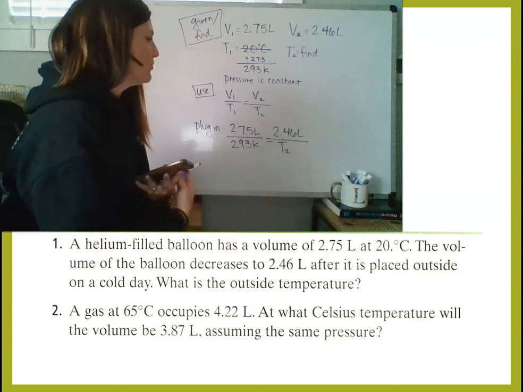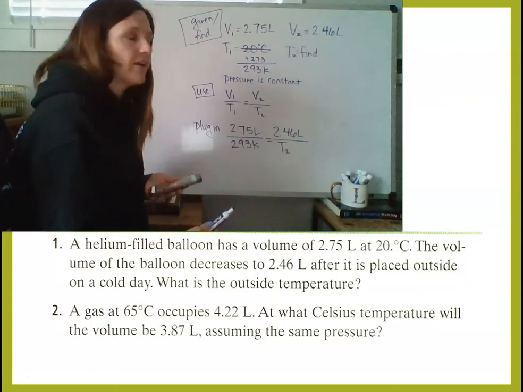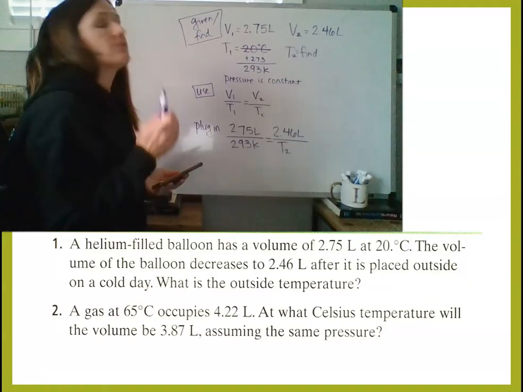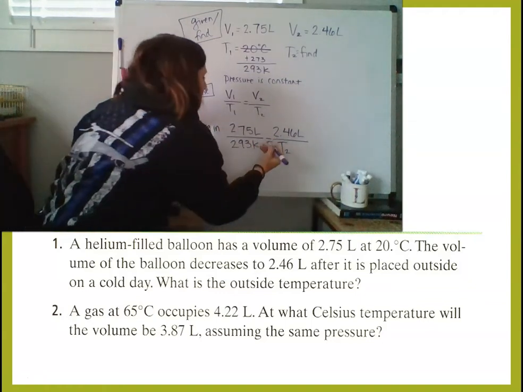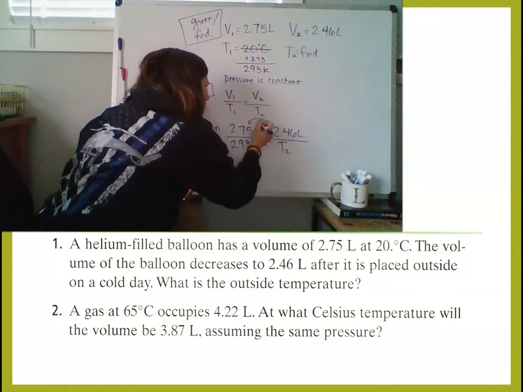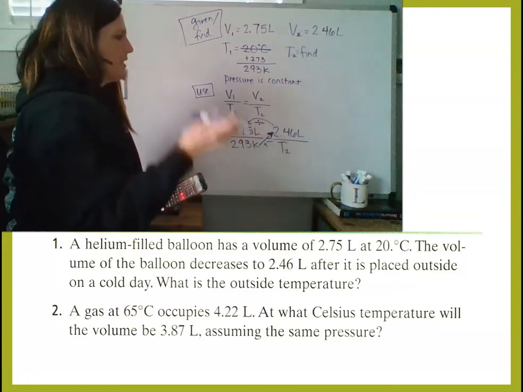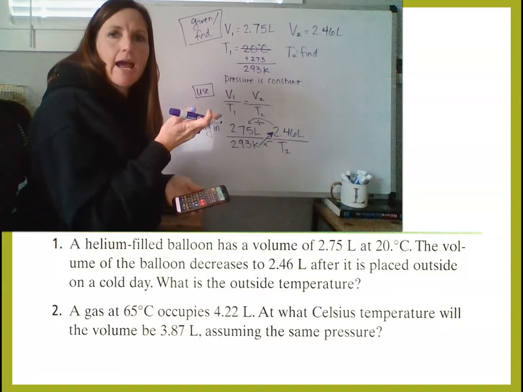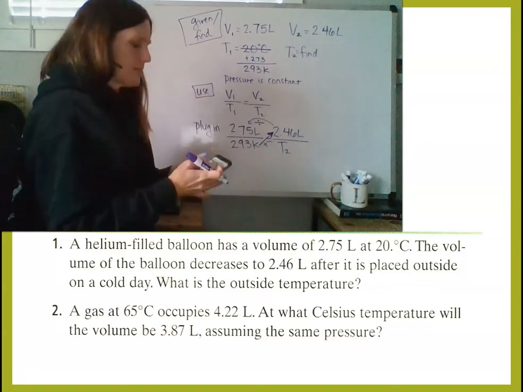There are two ways to solve this, but the one I find most useful for students is cross multiply. So we're going to multiply these two and then divide by that. Cross multiply tells us to multiply our diagonals and then divide what's left over.